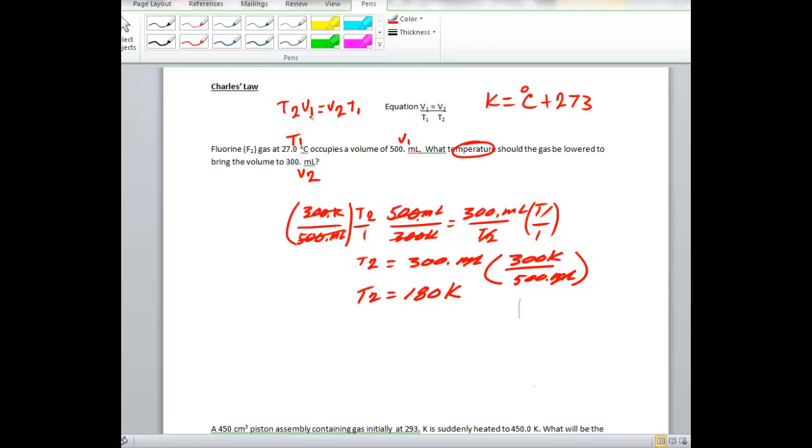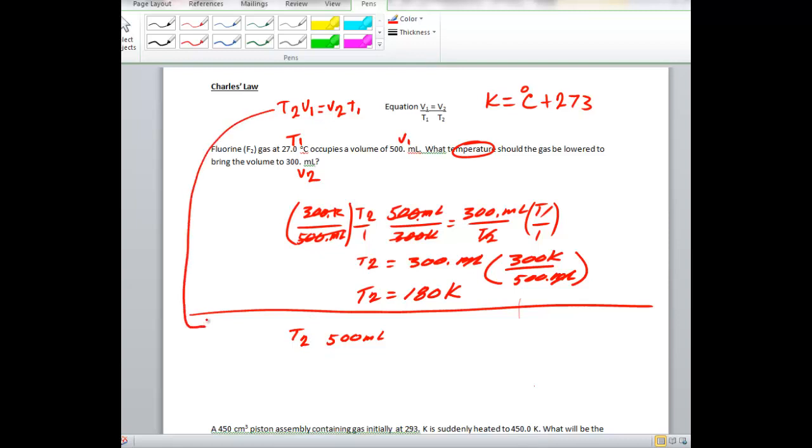So my volume 1 is 500 mL, so I can go 500 mL, and that's being multiplied by T2 if we're following this equation. And then that's equal to V2 and T1. My V2 volume is 300 mL, and my T1 temperature is 300 K.